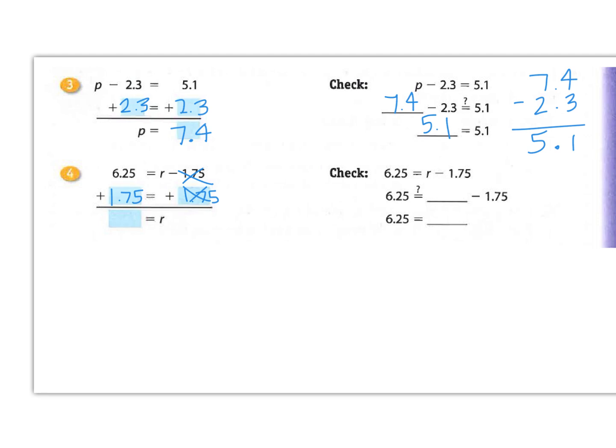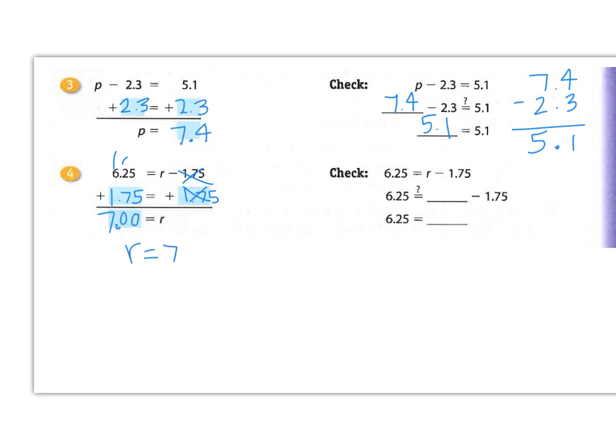And then we have to add it on this side. So 5 plus 5 is 10, carry the 1. 7 plus 2 is 9, plus 1 is 10, carry the 1, bring down that decimal. 6 plus 1 plus 1 is 7, so 7.00, or we could just say r equals 7.